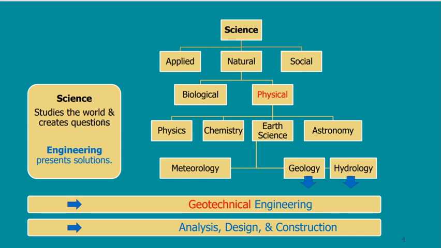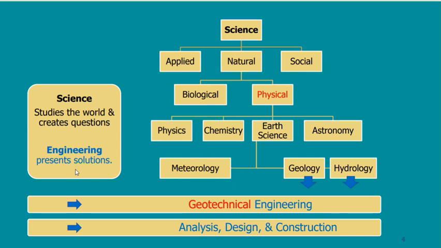But the engineer, what can he do? The engineer presents solutions. What does this mean? I live in Japan and I have lots of earthquakes. The geologist will tell me that you have an earthquake, the magnitude of the earthquake is so and so. That's the end of the task of the geologist. But the engineer will build buildings that can sustain the earthquake.